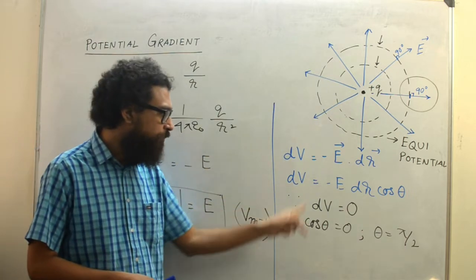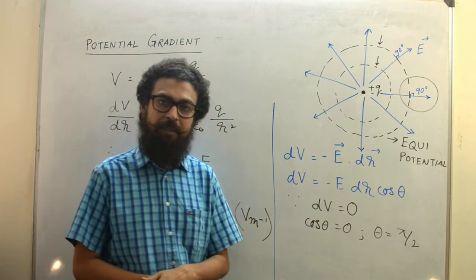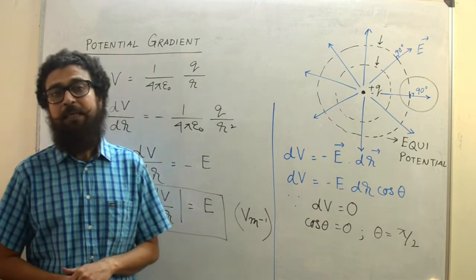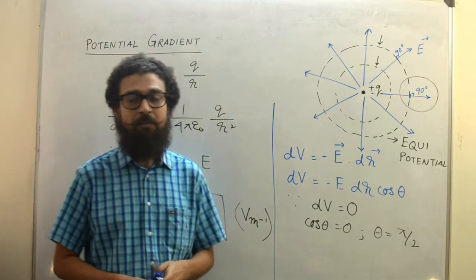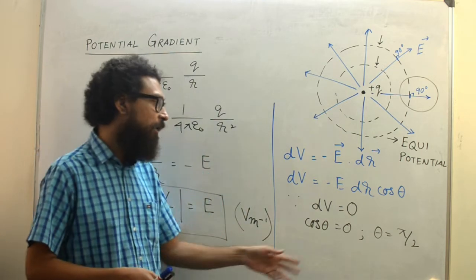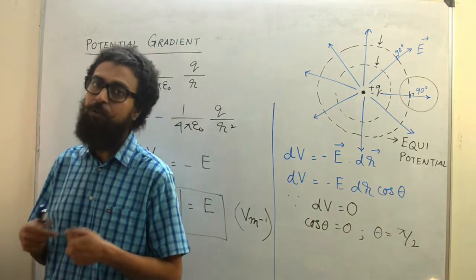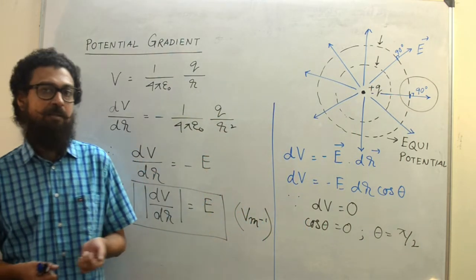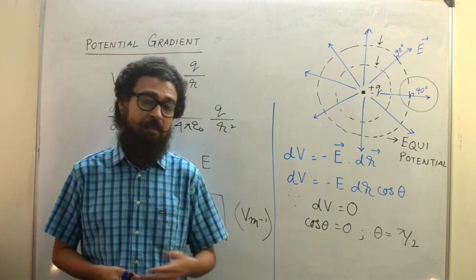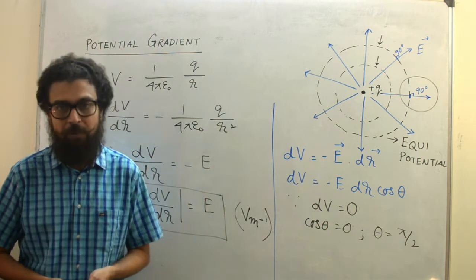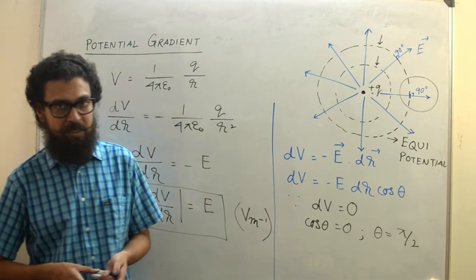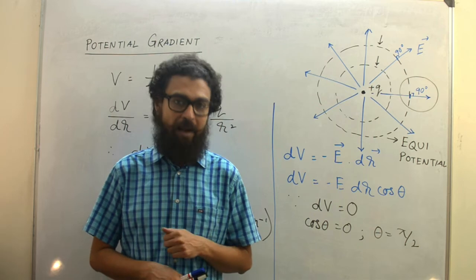There are 2 properties which are already listed here. There will be no change in potential or no potential difference, and the electric field will pass normally through the equipotential surface. These are the 2 most interesting characteristics of equipotential surface. The rest of the points you just learn. This comes in your board exam for 1 or 2 mark questions, so you have to learn these characteristics.